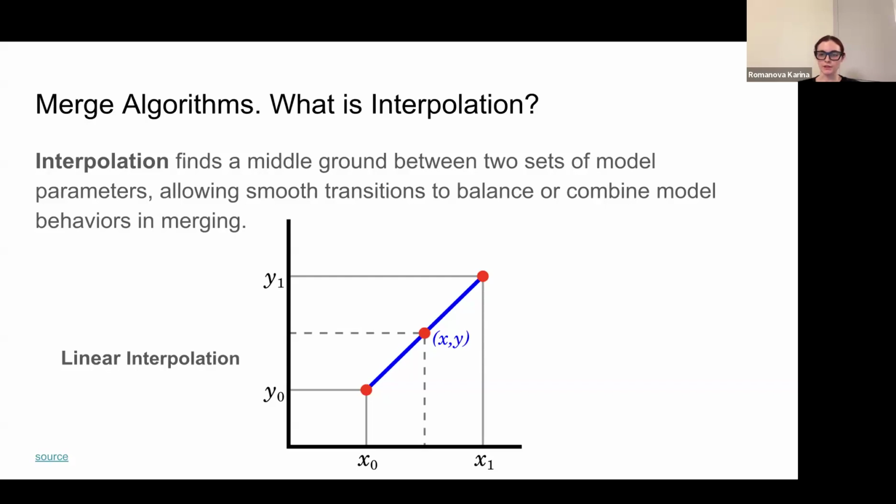Interpolation involves creating intermediate representations between models, allowing for a smooth transition from one model's behavior to another. This process can be linear or nonlinear, and is crucial in scenarios where gradual adaptation is desired. Interpolation helps in balancing the influence of each model, ensuring that the merged model retains the strengths of both parent models while mitigating potential weaknesses.